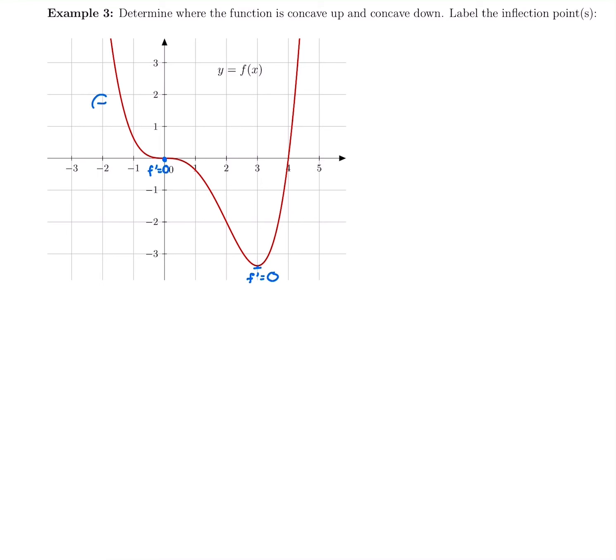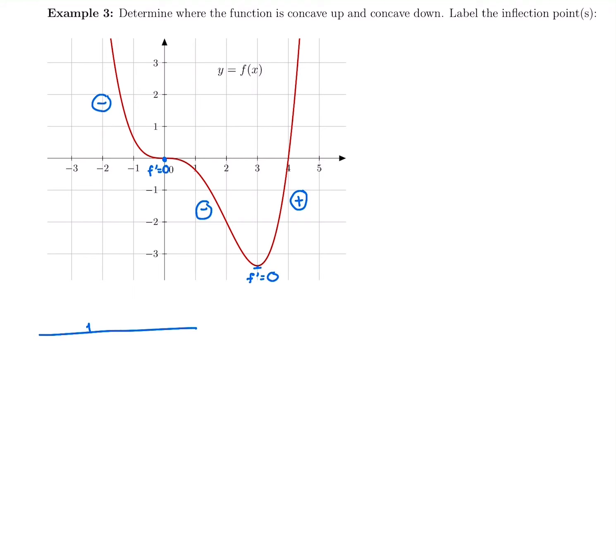And then labeling the graph before our critical number, it is falling. And then between our two critical numbers, it's also falling. So another negative first derivative. And then after our critical number, it's rising again. So we have falling, falling, and then finally rising. So again, if it helps you, you can make a sign chart out of this.